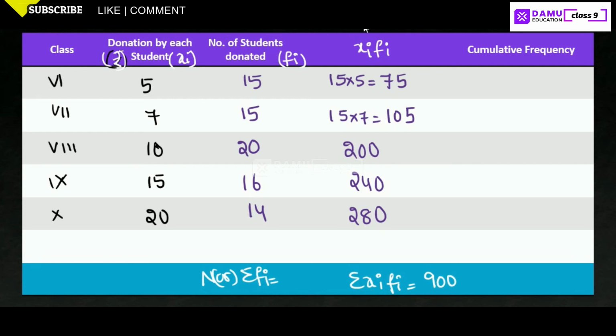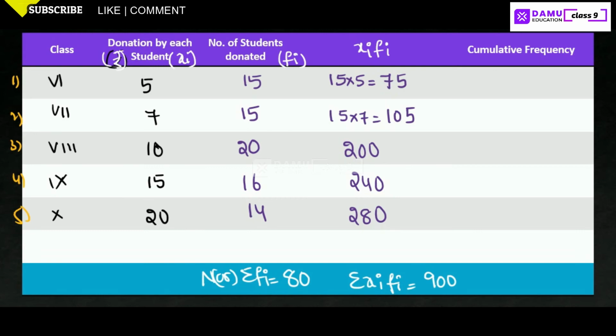If you add this all, 30 plus 20 is 50, 50 plus 16 is 66, 66 plus 14, we will get 80. So these are the values. Then how many observations are given? This is 1, 2, 3, 4, 5. So 5 observation values are given.